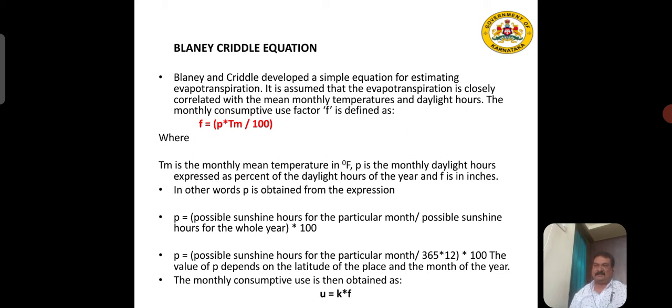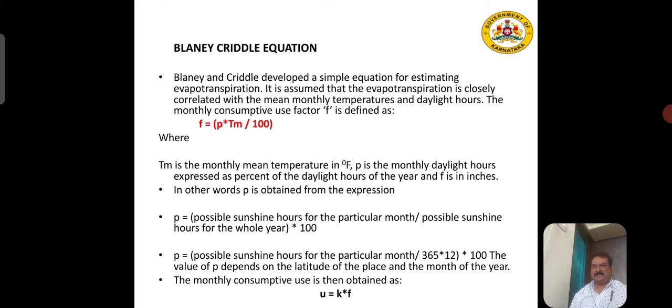Tm is monthly mean temperature in degree Fahrenheit, small p is monthly daylight hours expressed as percentage of daylight hours of the year, F is in inches.